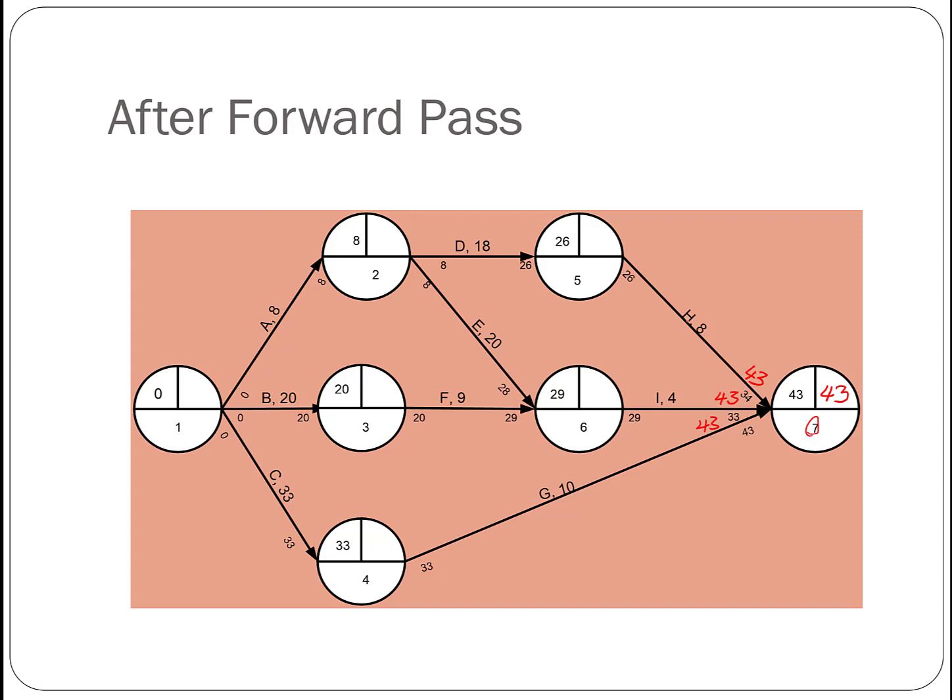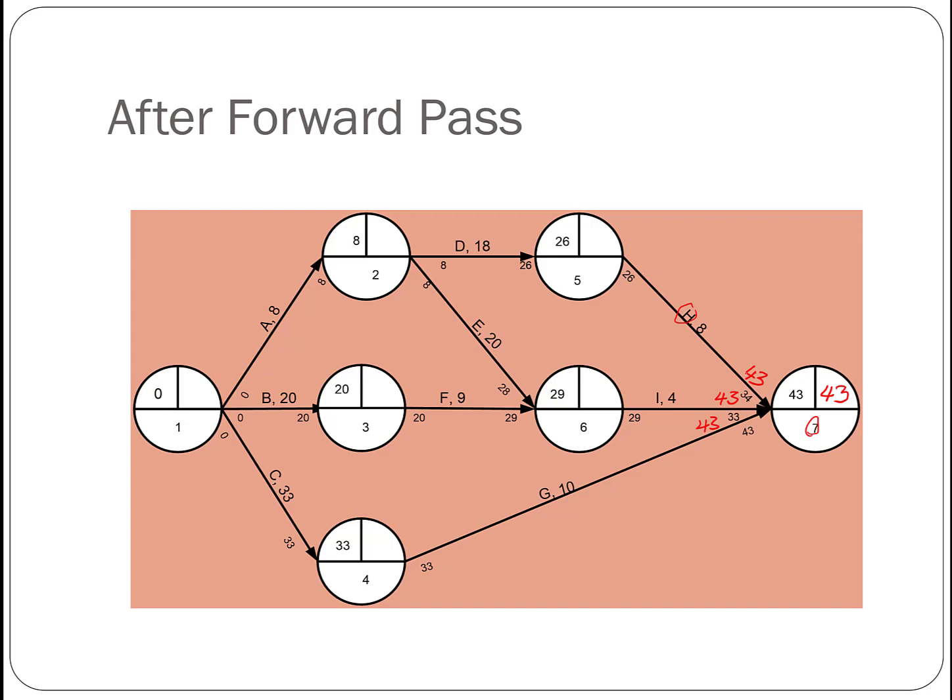For example, if we look at H, the latest date to complete activity H is day 43. As long as H is completed before or by that date, the project will not be delayed.